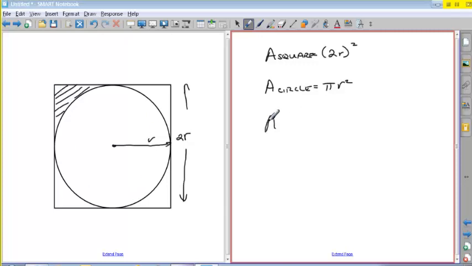So the area of the rest, meaning these four corners, is equal to the area of the square minus the area of the circle. So that gives us 1, 2, 3, 4 areas.